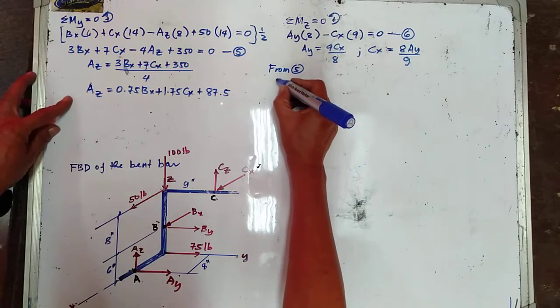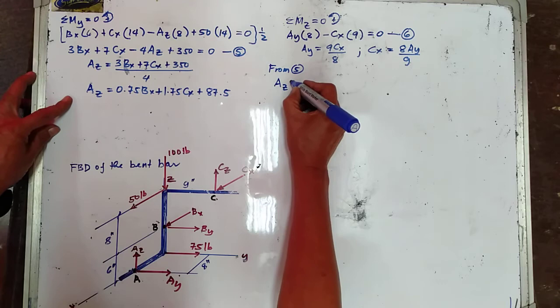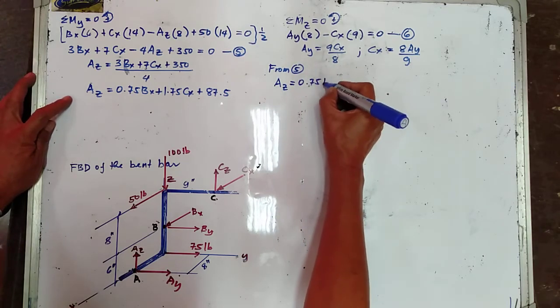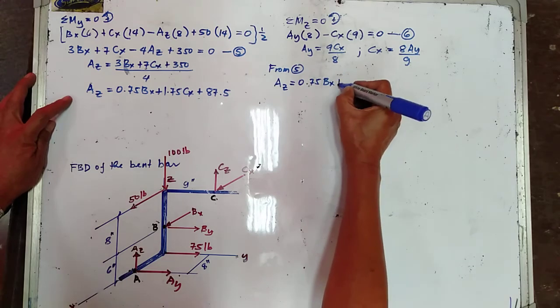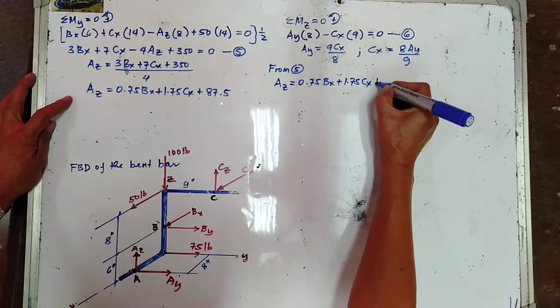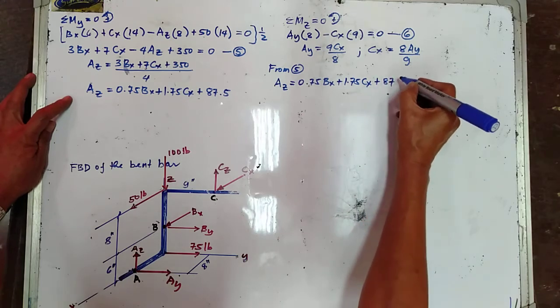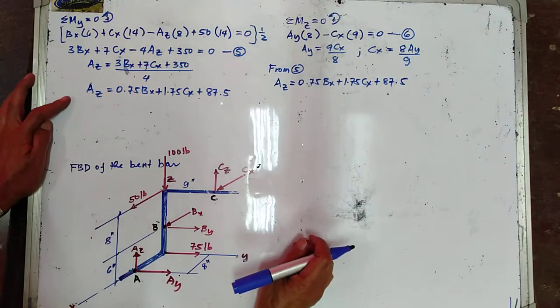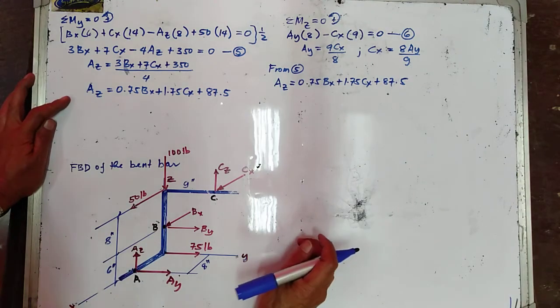So your AZ is equal to 0.75 BX plus 1.75 CX plus 87.5. So that is equation 5. Okay.